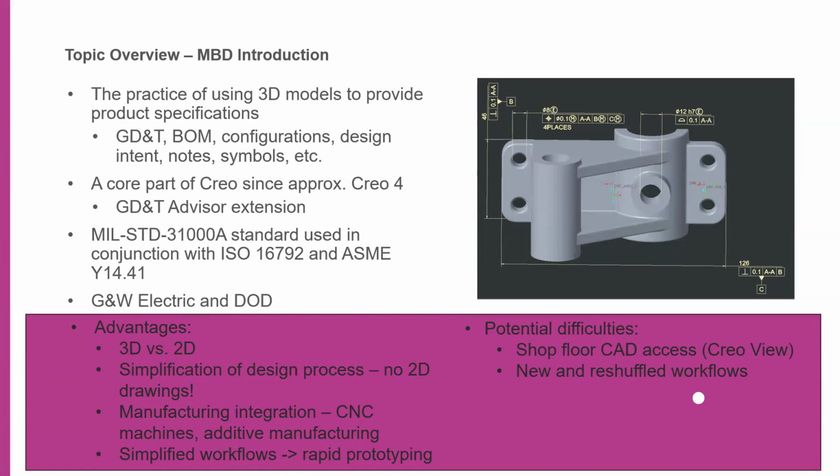I want to talk a little bit about pros and cons, advantages and disadvantages of using this tool. The obvious advantage is 3D versus 2D. As we all know, it is sometimes hard to communicate 3D information in 2D, and sometimes it requires more information to show the same thing in 2D that it does in 3D. You may need multiple views to capture a 3D feature that is pretty easily imaginable in the 3D environment.